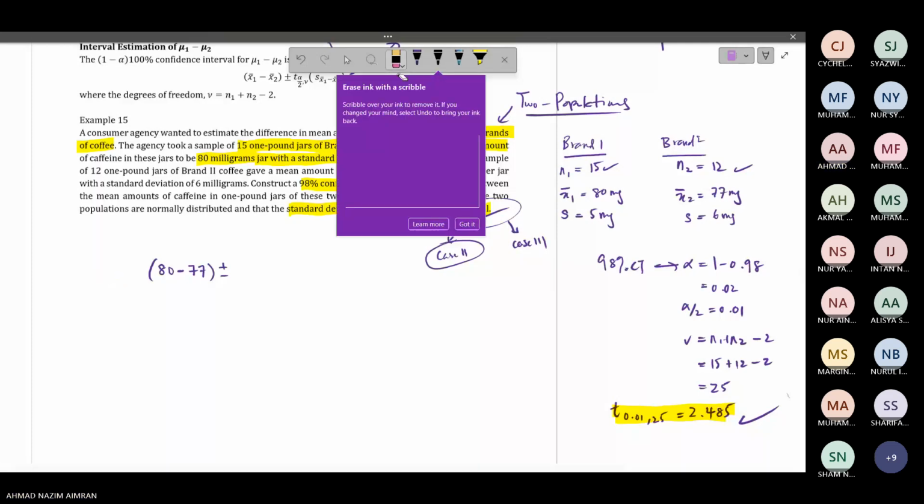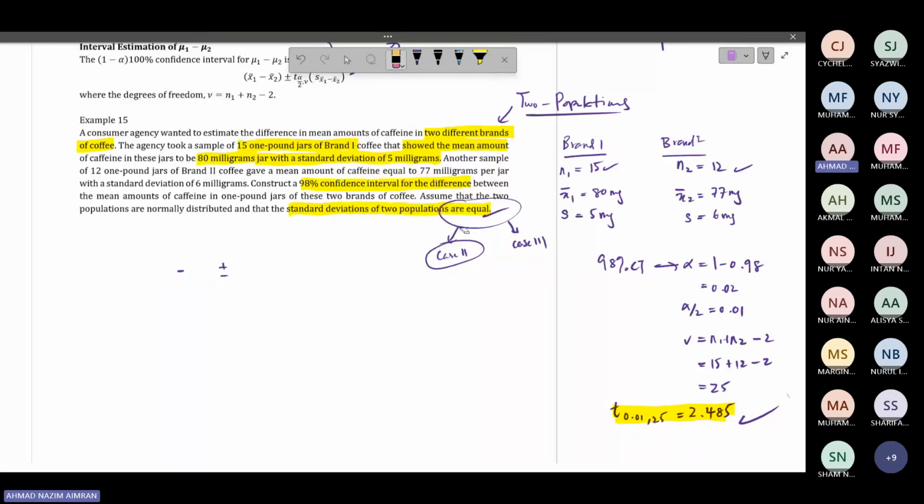Before that, because this is case number 2, you have to find the pooled standard deviation first. The pooled standard deviation is equal to the square root of N1 minus 1 times variance of sample 1, plus N2 minus 1 times variance of sample 2, over N1 plus N2 minus 2.